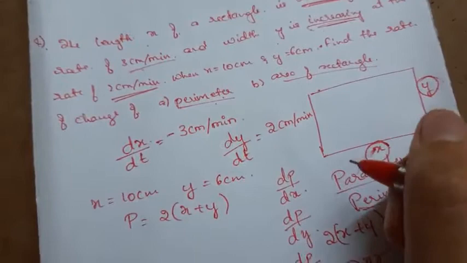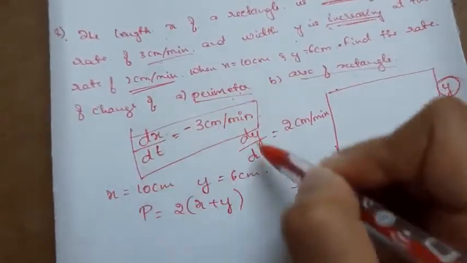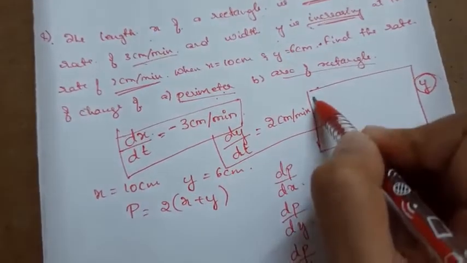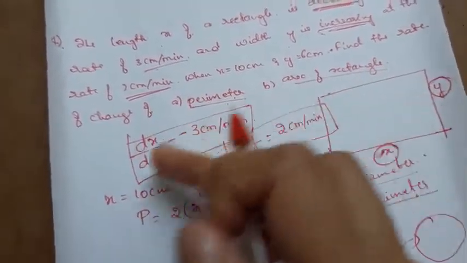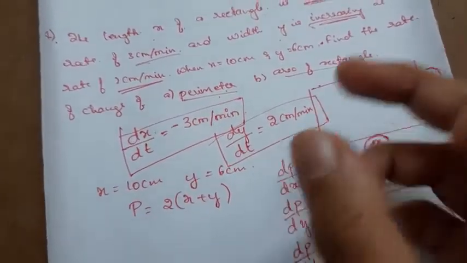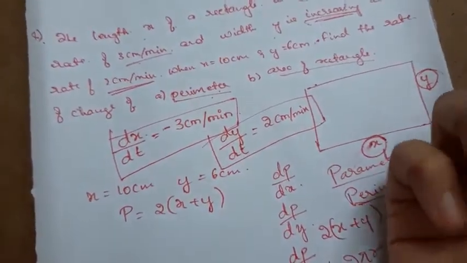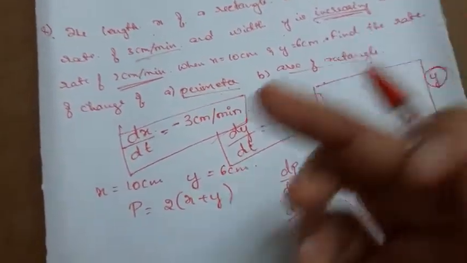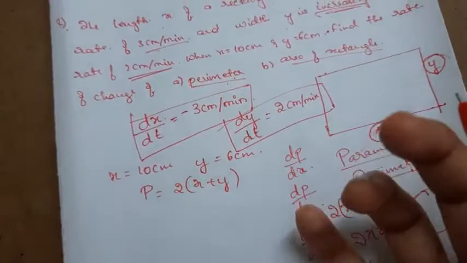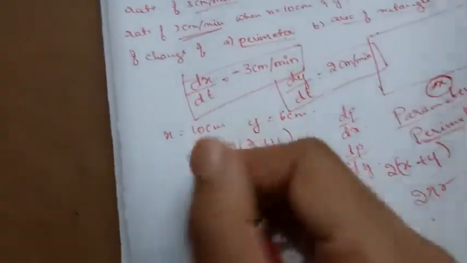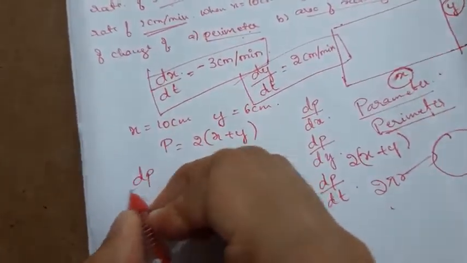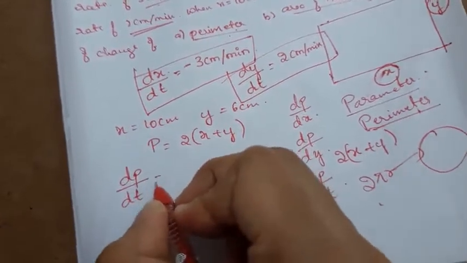You can observe clearly that in the beginning itself they have given the rate of change of our parameters x and y with respect to time. So when the parameters themselves are changing with respect to time, obviously our perimeter is also changing with respect to time. So we are finding the rate of change of perimeter with respect to time.